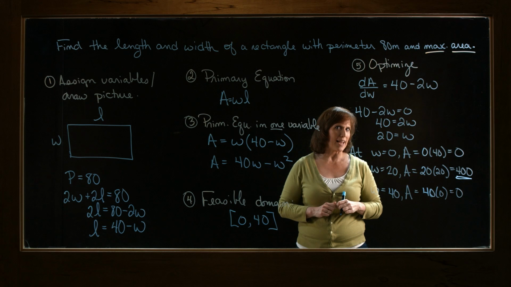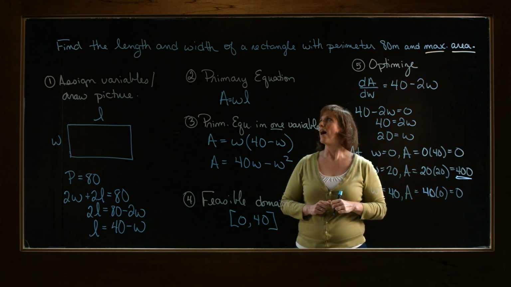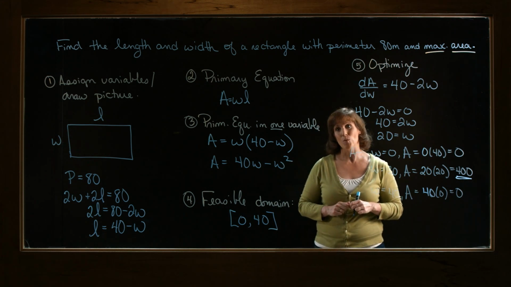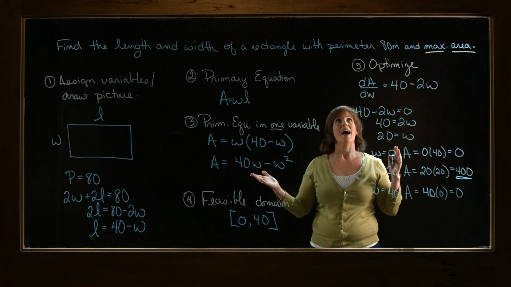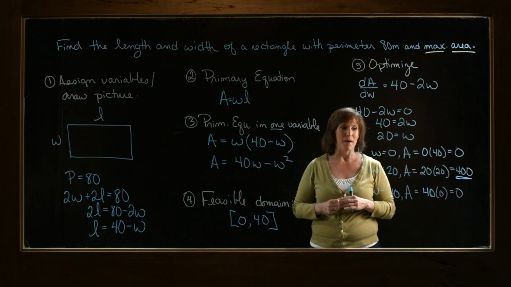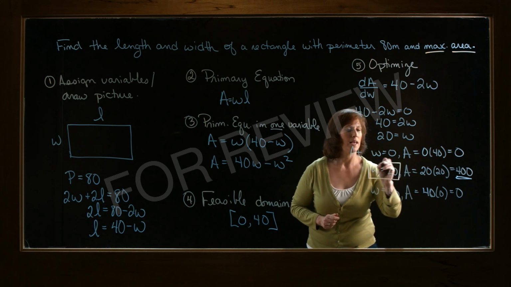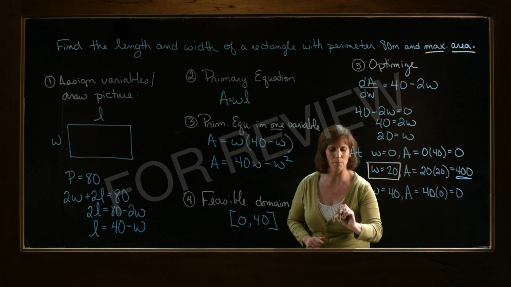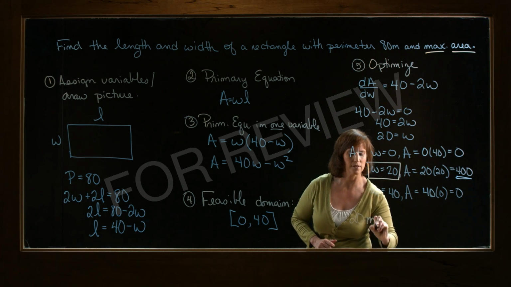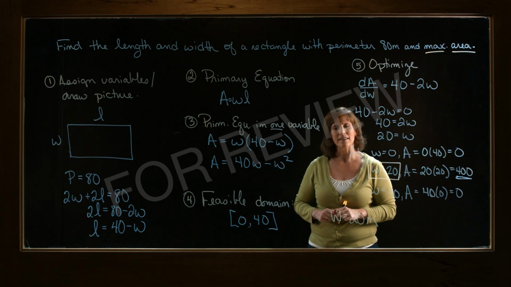Now let's make sure that this answers my question. I want to find the length and the width of the rectangle that has a perimeter of 80 meters and a maximum area. That happens when the width is 20 meters. So W is going to be 20 meters. But I still don't know the length.